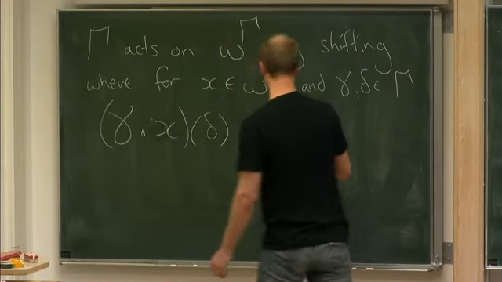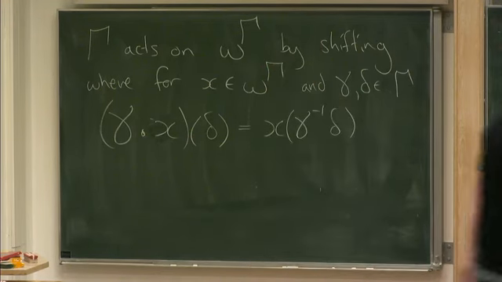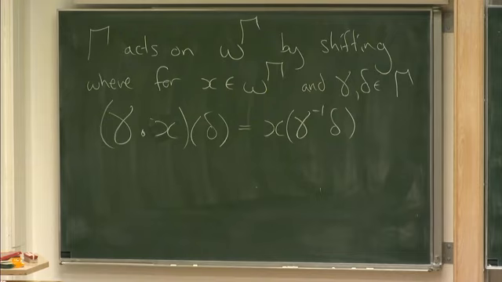This is equal to x of gamma inverse times delta. But for me, it's always easier just to think about this picture. You've labeled with natural numbers, and this shift just corresponds to shifting around where you start the labeling, where the identity is in that picture.